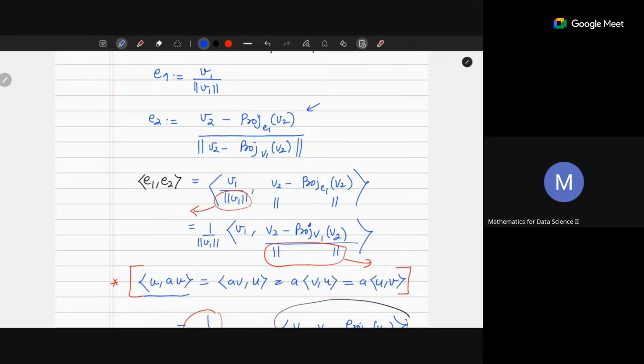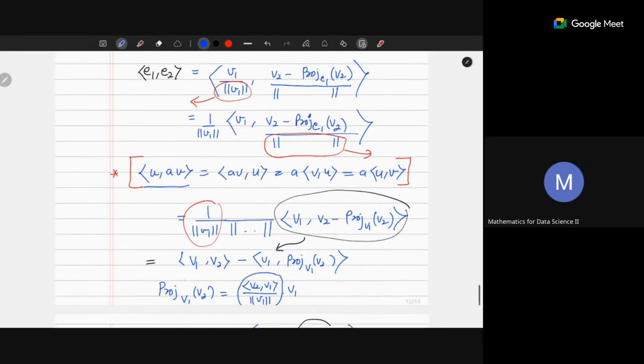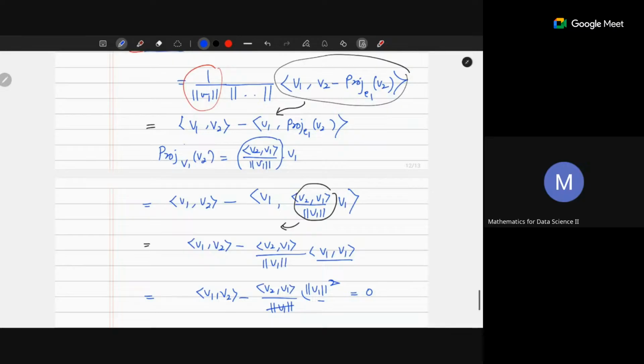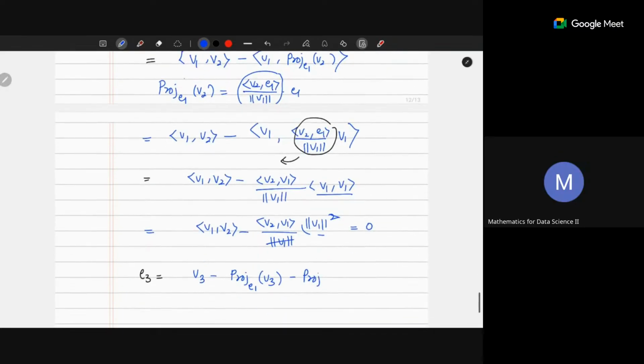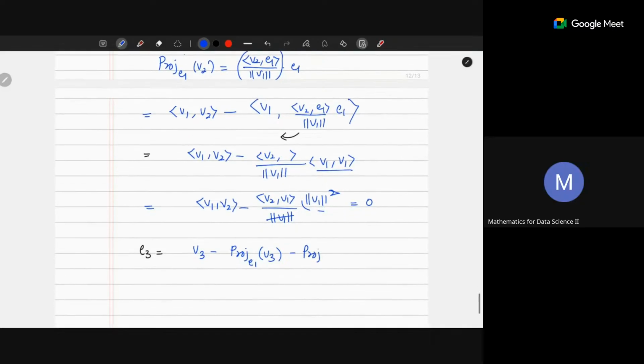Yes, now I notice the mistake. I am removing the projection of V2 in the direction of E1, not V1. Now V1 is gone, with respect to E1, right? Projection with respect to E1 is this. Now, when I write projection with respect to E1, what is E1?